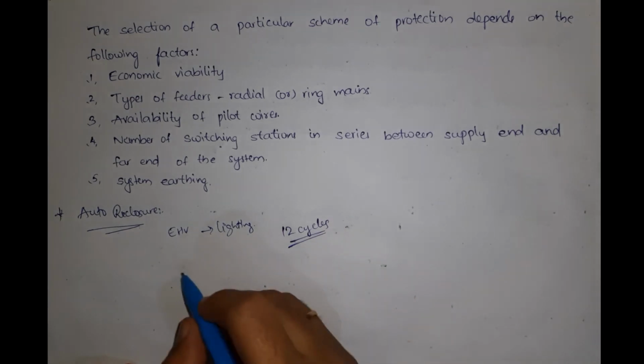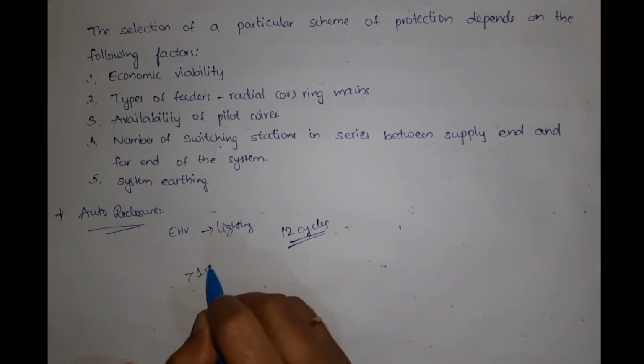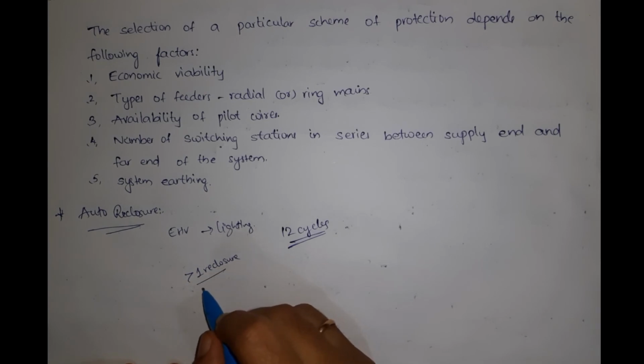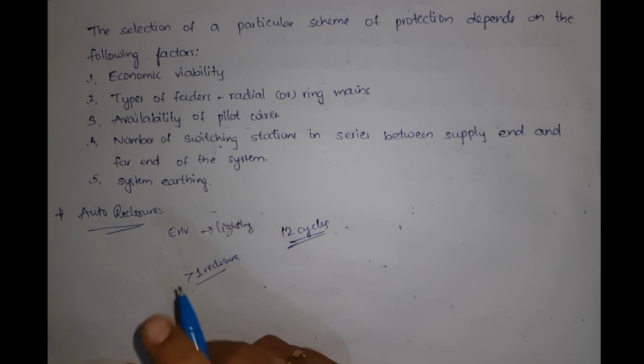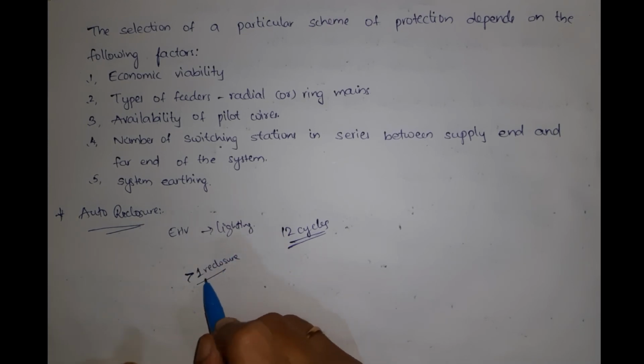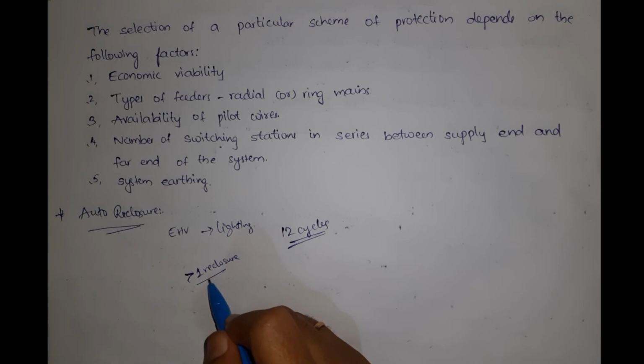Generally more than one reclosure is not allowed. Whenever a fault happens, the circuit breaker may open and close by itself for small faults. If the fault gets cleared during one reclosure, then it's okay.